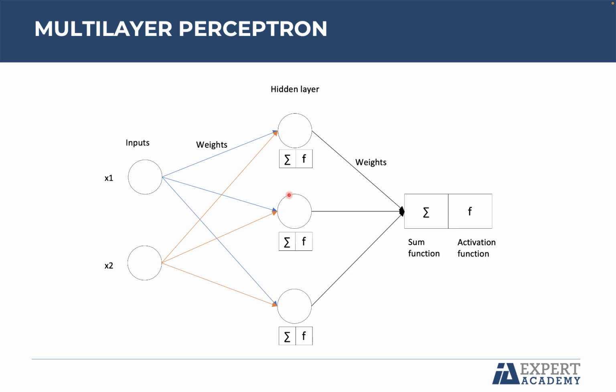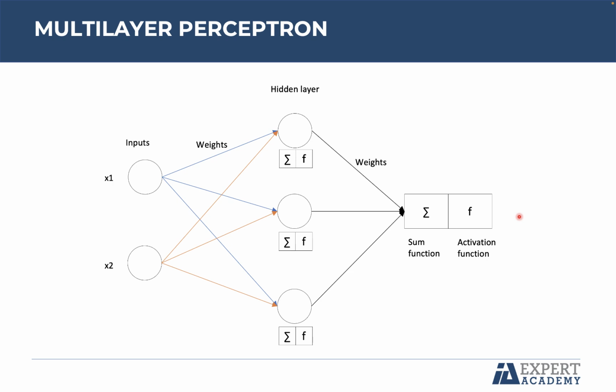A multilayer neural network is very similar to the single-layer perceptron. There are the inputs x1 and x2 in this example, and it still has the sum and activation function. After applying the activation function, the output of the neural network will indicate a prediction.